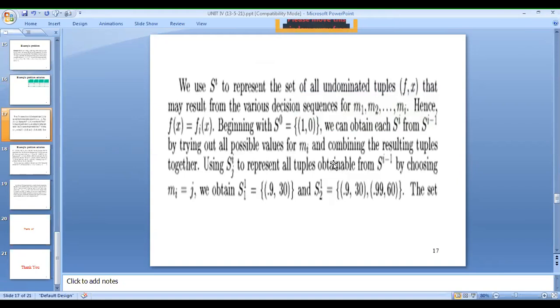So the first set S0 we can find, that is (1, 0). 0 indicates the cost, nothing spent, so nothing purchased.